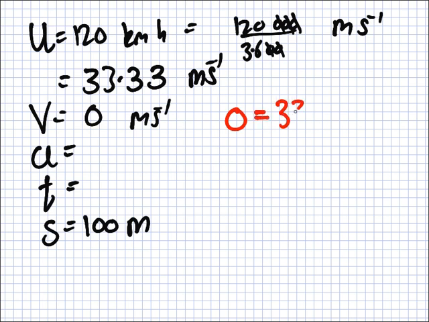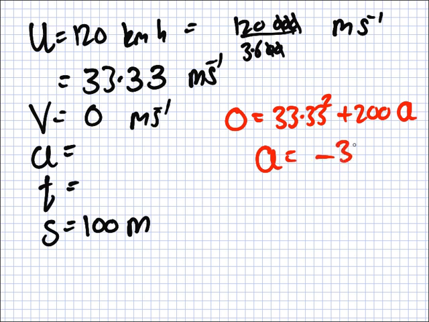So we can say V equals U plus, oh, no, not that one. V squared equals U squared plus 2AS, which is 200A. So A will be minus 33.33 squared over 200. So what's that?